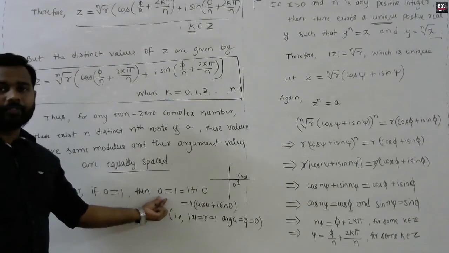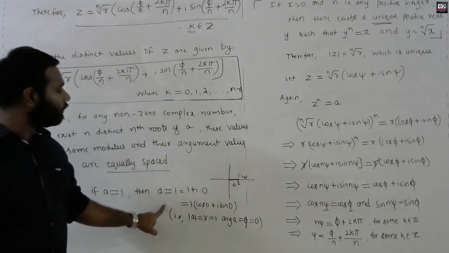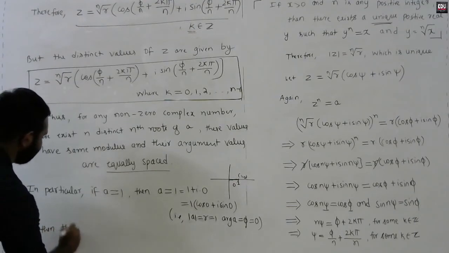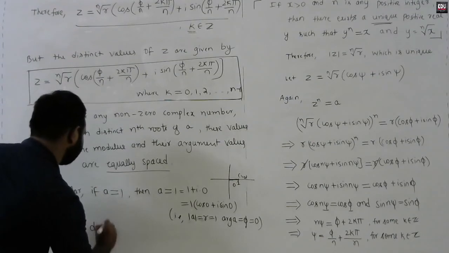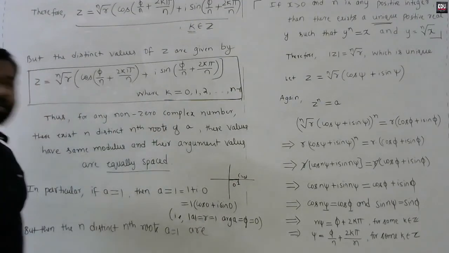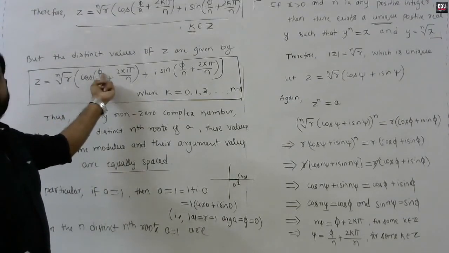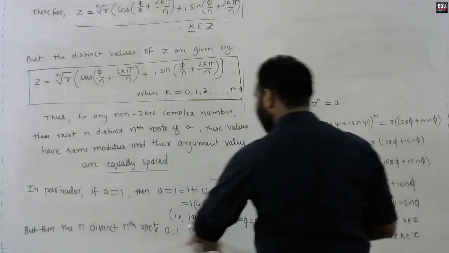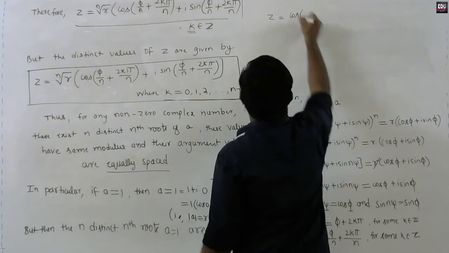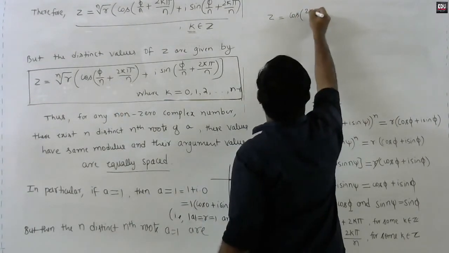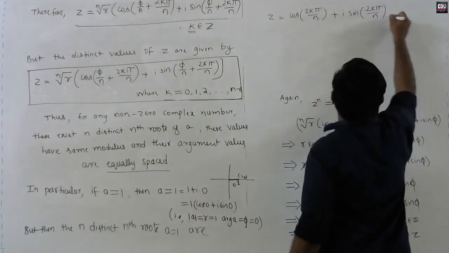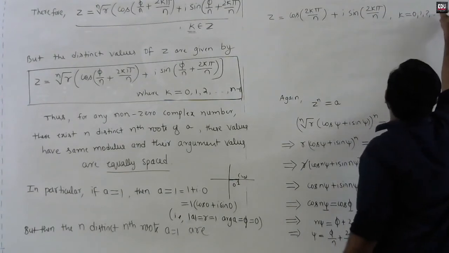Now corresponding to this a value, the n distinct nth roots of a are given with r equal to 1 and phi equal to 0. So the n distinct nth roots are z equals, with r equal to 1, the nth root of 1 is 1, cos of (phi is 0) 2k pi by n plus i into sin 2k pi by n, where k runs over the values 0, 1, 2 up to n minus 1.